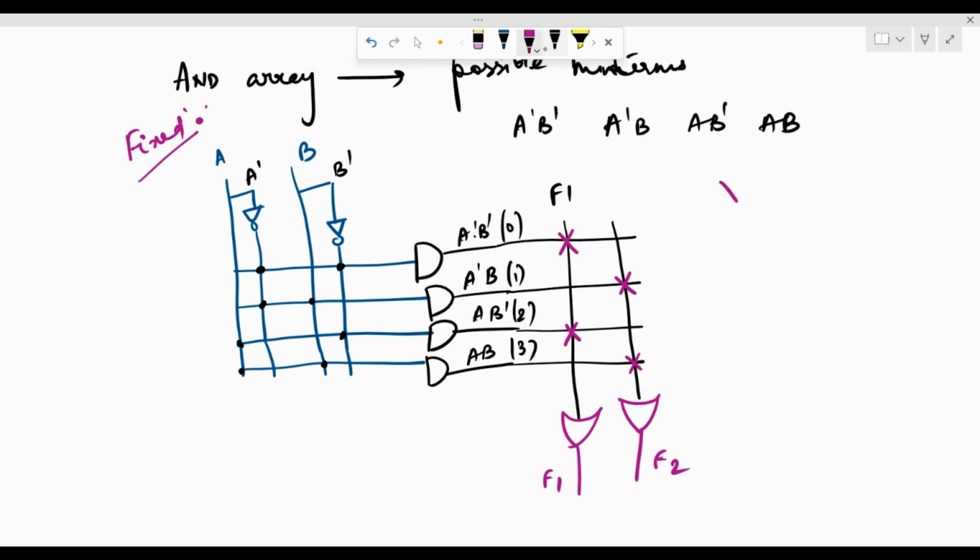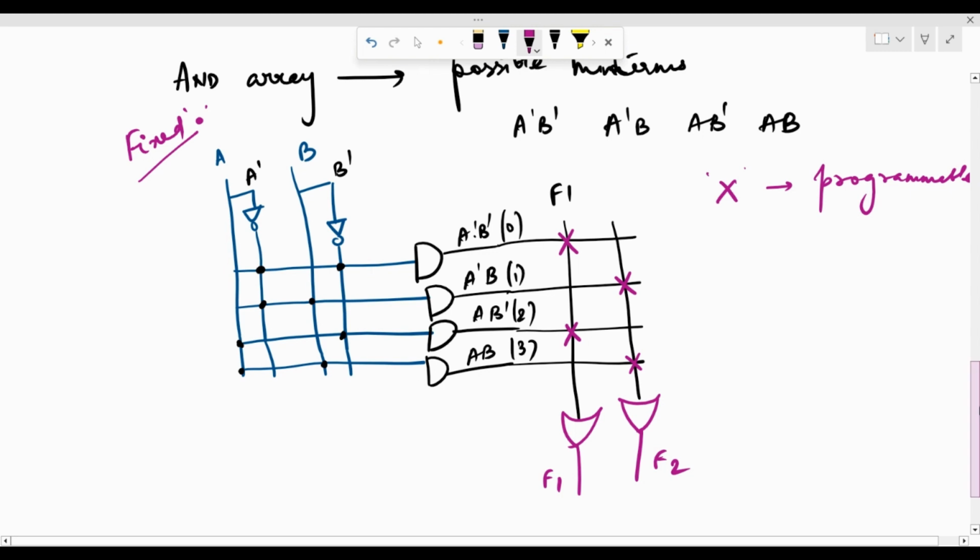The cross represents that these are programmable. Therefore, we've used the cross to symbolize it, and we've used the OR gate to frame the OR array. Put together, for F1, minterms 0 and 2 have been programmed into the OR gate, and for F2, we have programmed minterms 1 and 3.